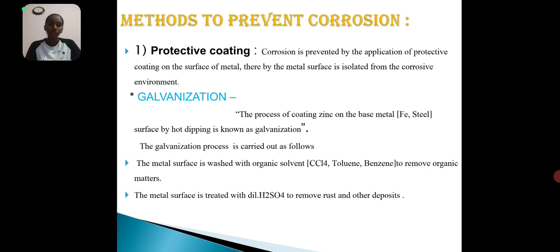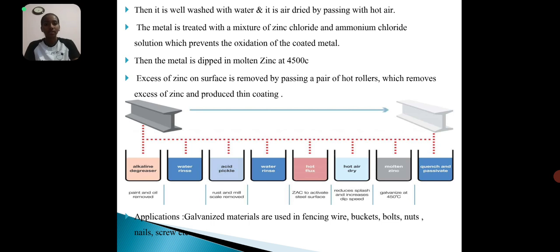The galvanization process is carried out as follows. The metal surface is first washed with the organic solvent, that is benzene or toluene, to remove the organic matters. The metal surface is treated with dilute H2SO4 to remove other deposits.